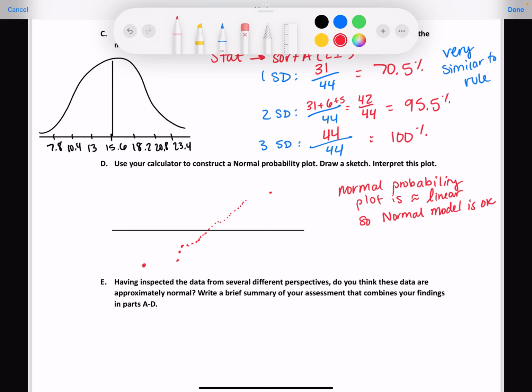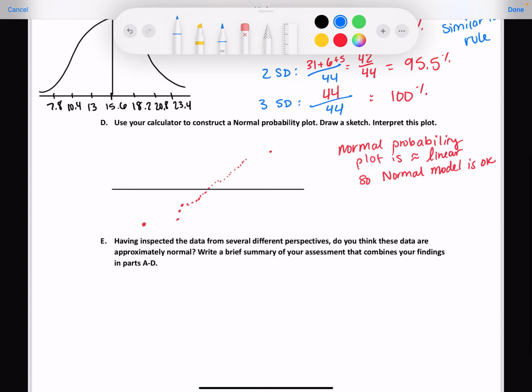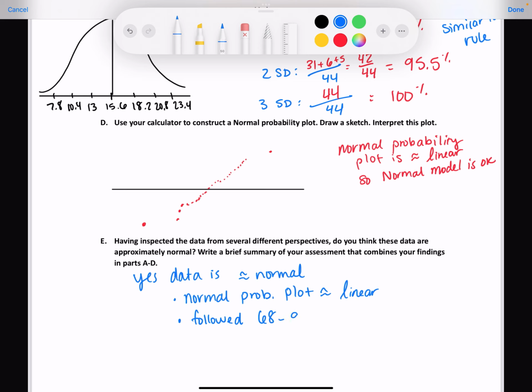So, yes, the data is approximately normal. The normal probability plot is approximately linear. It followed, in general, the 68, 95, 99.7 rule.